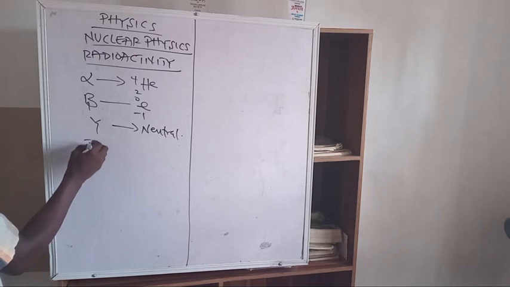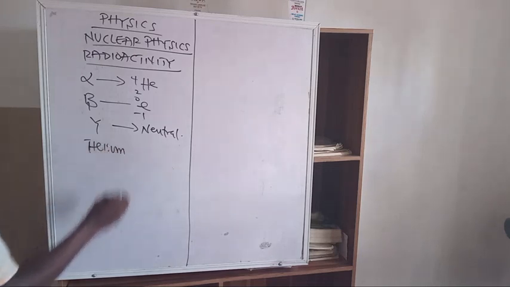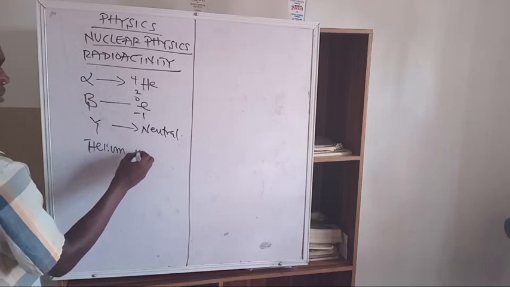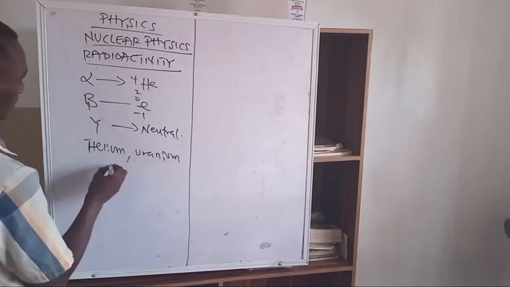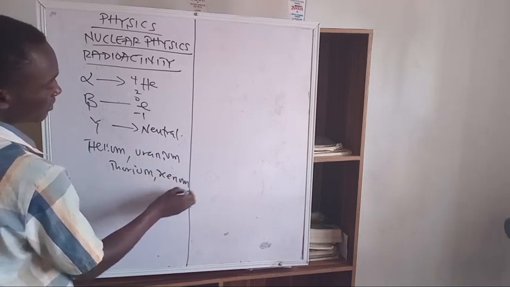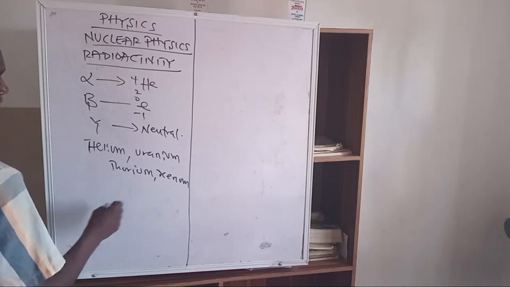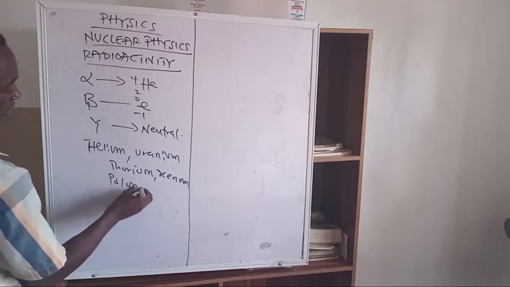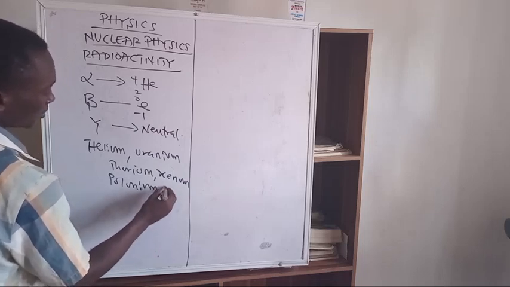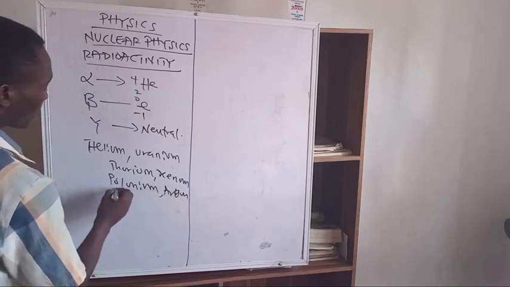Radioactive elements are the elements that spontaneously emit nuclei. Examples include helium, thorium, uranium, xenon, polonium, and many other radioactive elements. We have argon too, and krypton, etc.